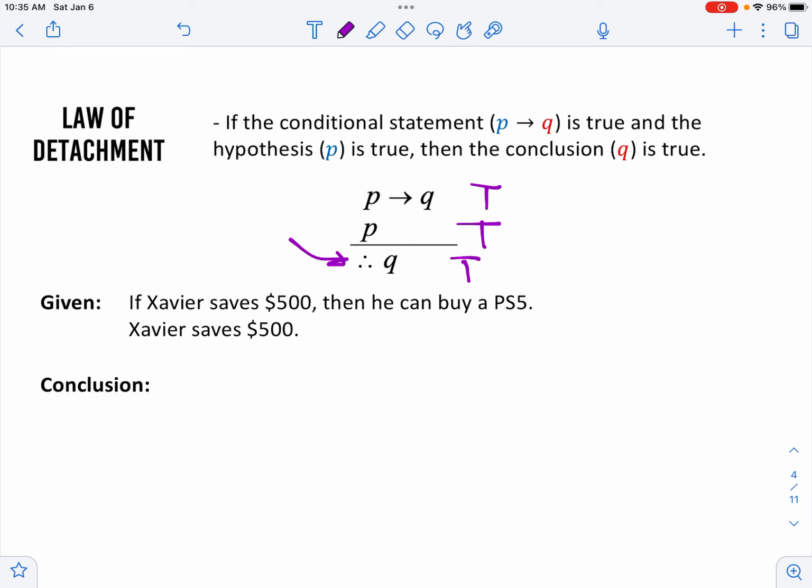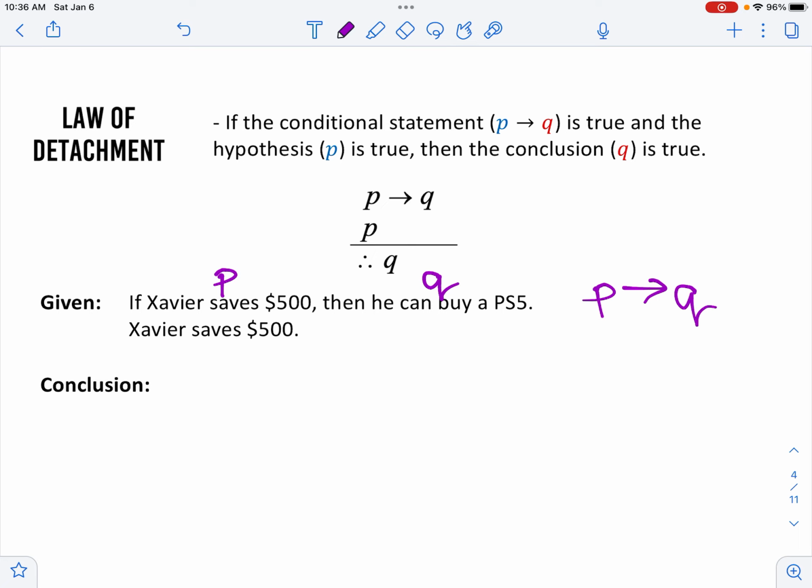So let's take a look at what this looks like in an example. It says if Xavier saves $500, then he can buy a PlayStation 5. Xavier saves $500. So let's just analyze this. This is P, this is Q. So this is our P, then Q part.